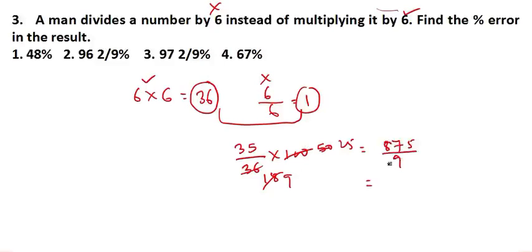So if you further divide it, you will get 97 2 by 9%. Third option. Now I hope this type of question is clear to you. So can we move ahead?